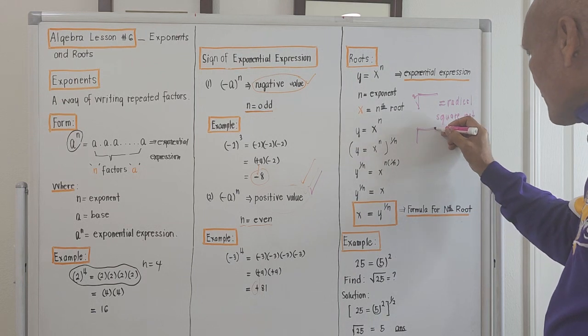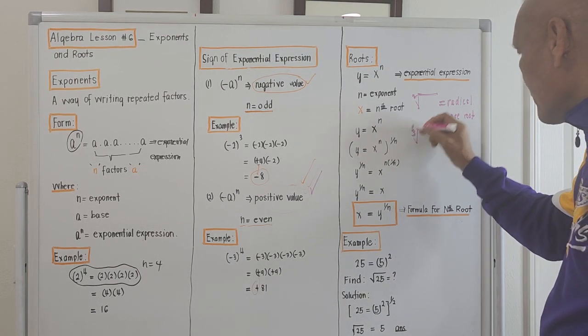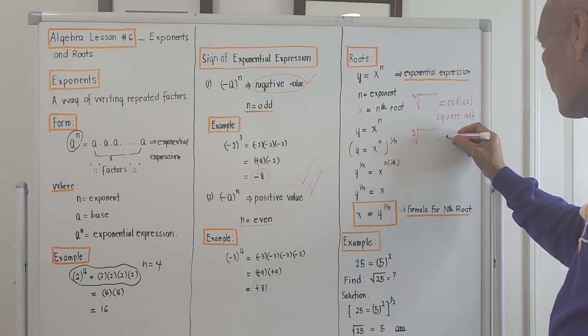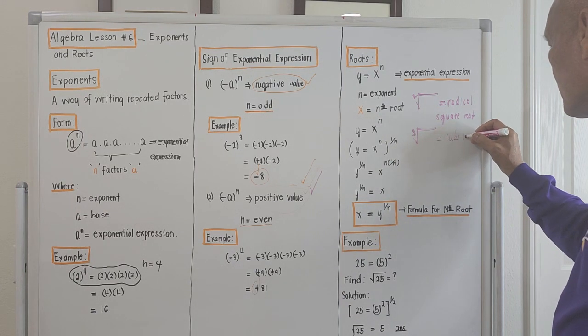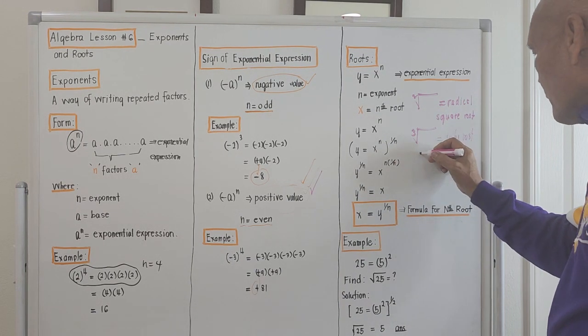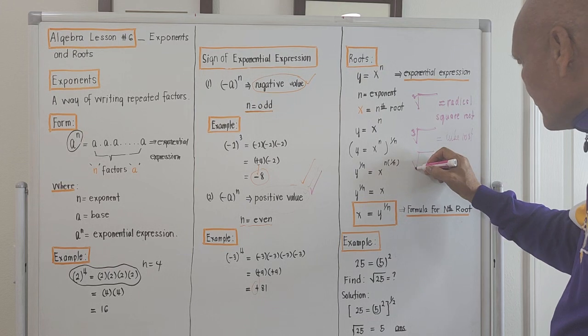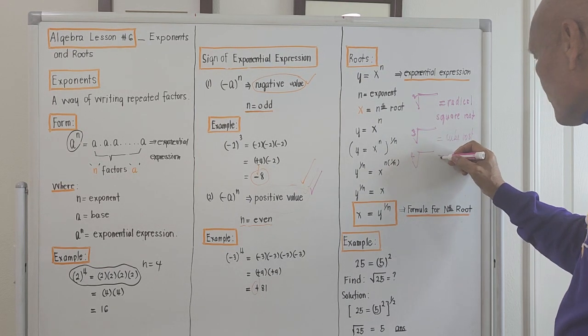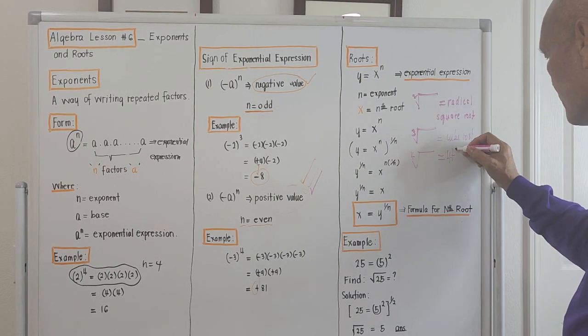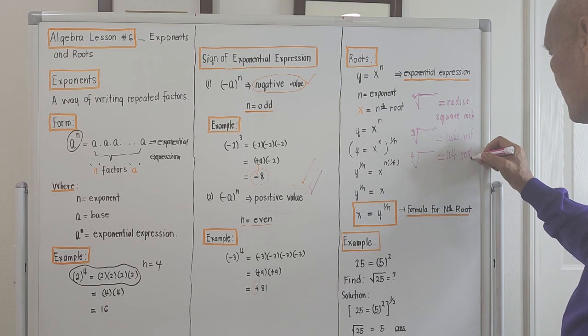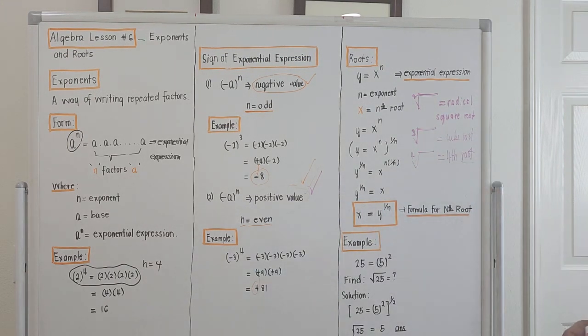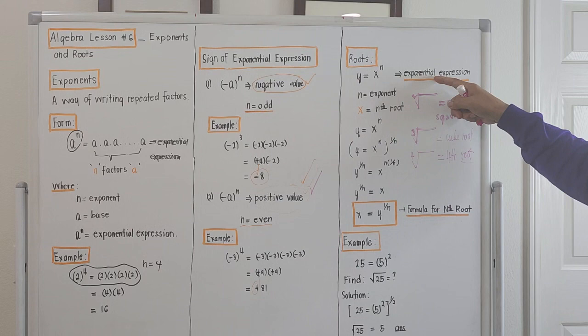But if under the radical sign this is 3, this should be cube root. If this is 4, this should be fourth root. Okay? So this is a radical sign.